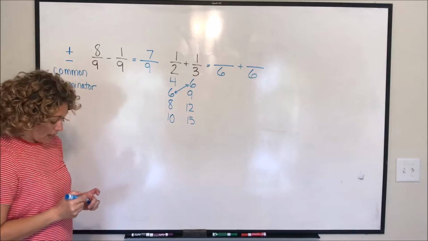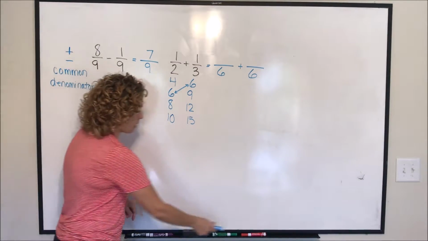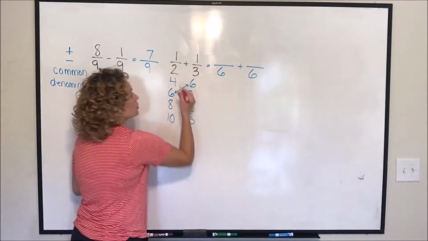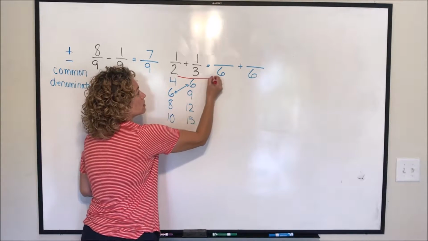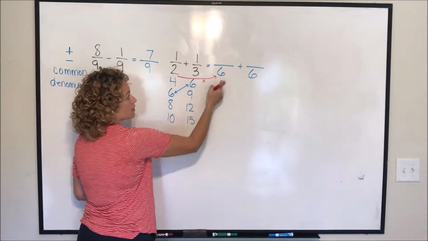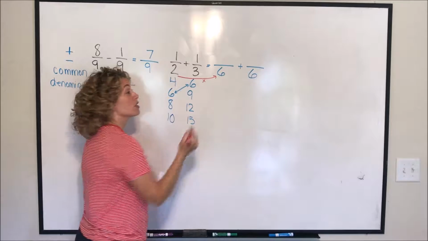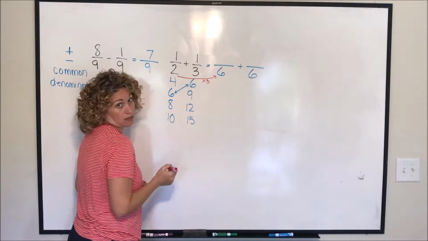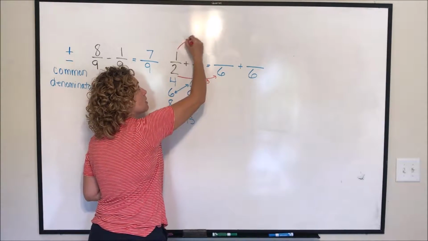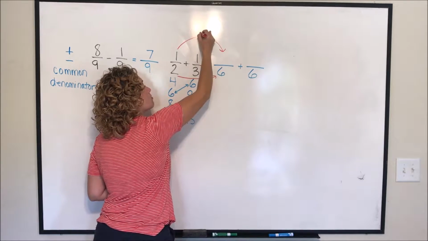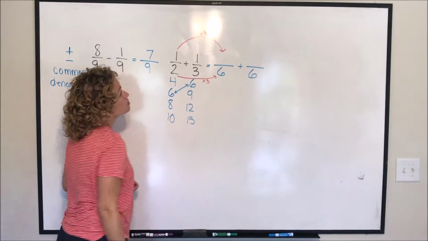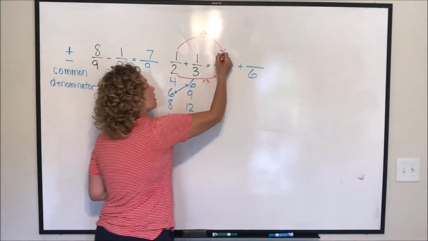Okay. Now, what we need to do is figure out 2 times what gave us 6? Well, we know that 2 times 3 gives us 6. So whatever we do in the bottom, we also must do on the top. So 1 times 3 gives us 3.